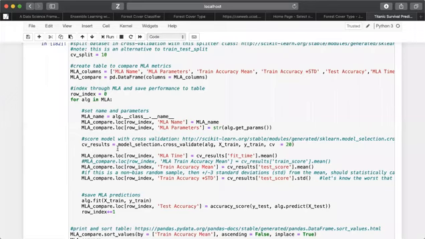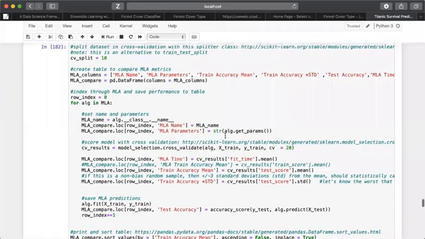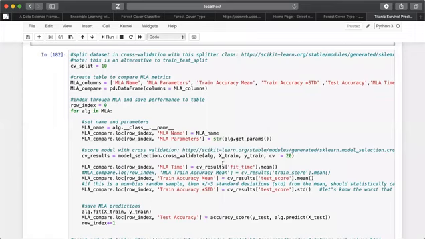So from here we have got the CV result. In this MLA compare data frame, I filled this MLA time. When the CV result comes, it also gets the fit time, that is, how much time it took. So this MLA time it fills with this fit time, how much time it took to fit.